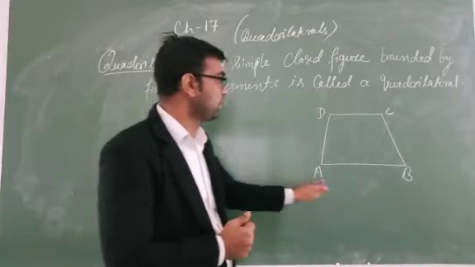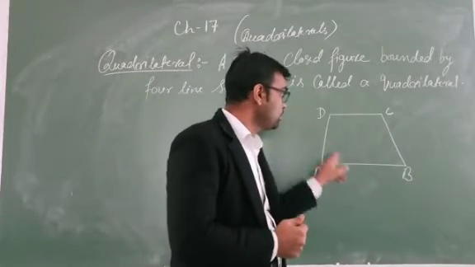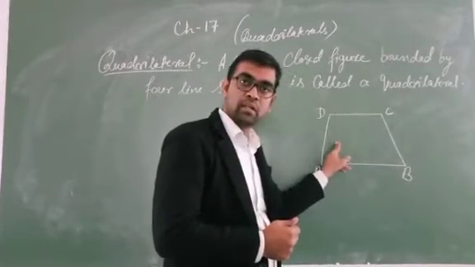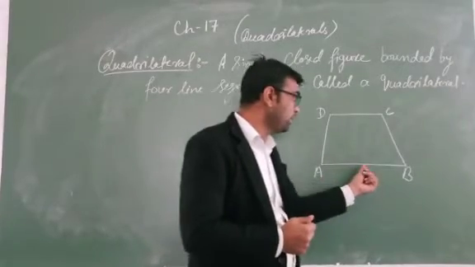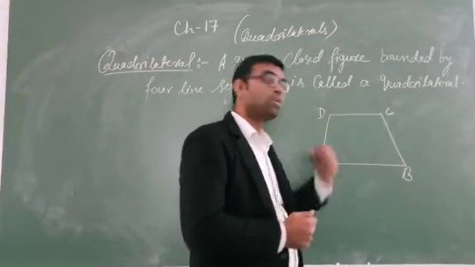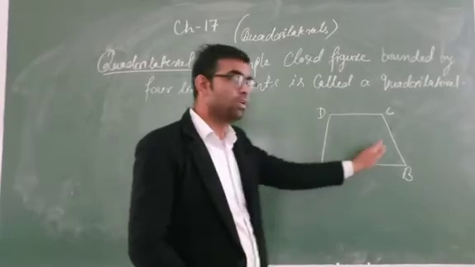So in this figure A, B, C, D, this is a closed figure and it is made by four line segments: 1, 2, 3, 4. So this is a quadrilateral.